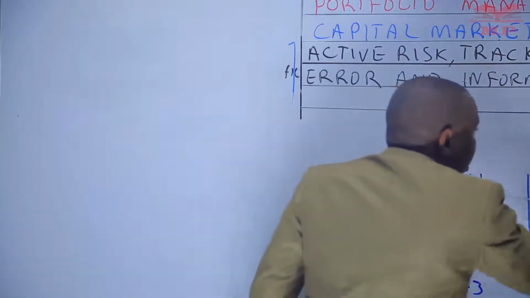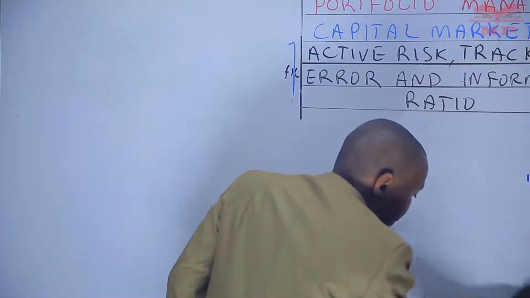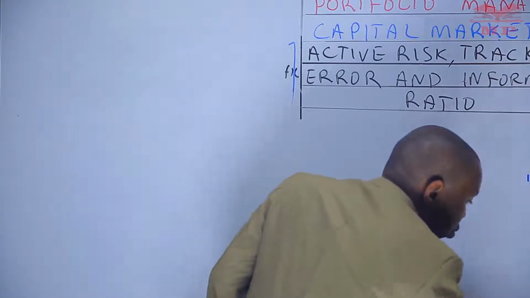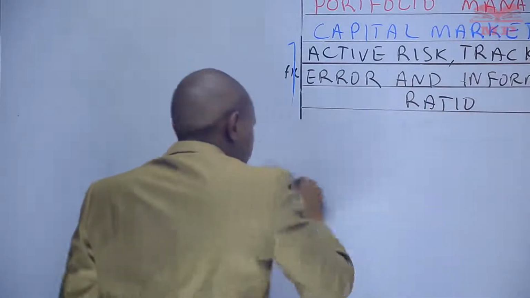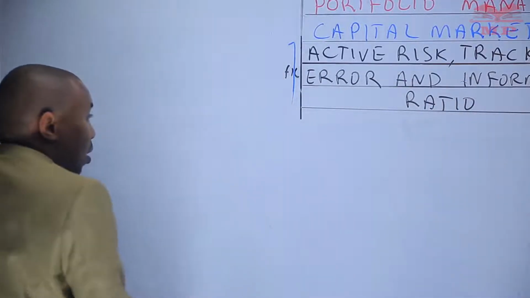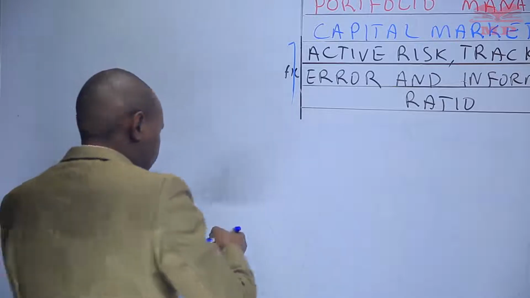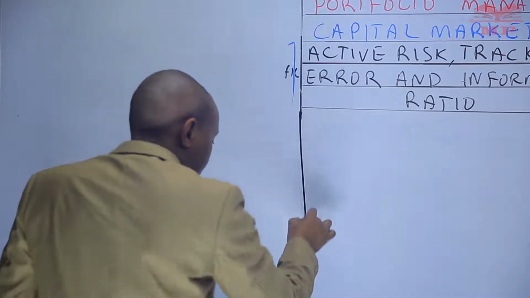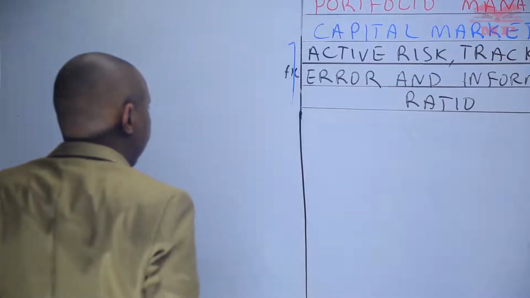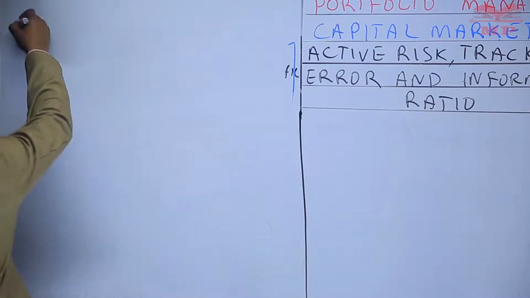Information ratio is usually a performance measure that is used within the investment industry to try and evaluate performance. So it's a performance evaluation technique there. So information ratio.